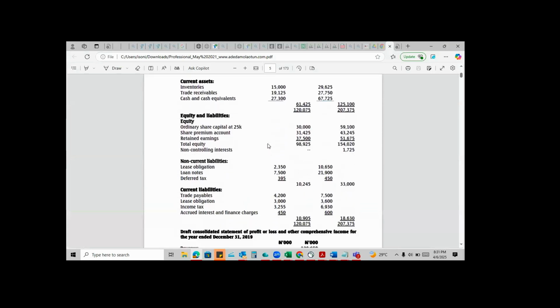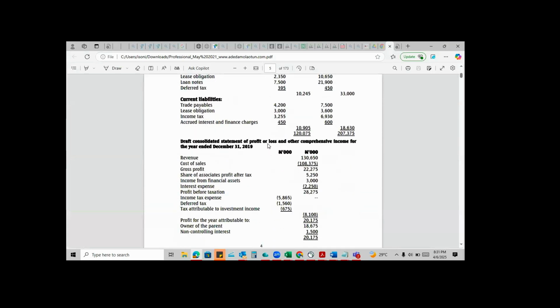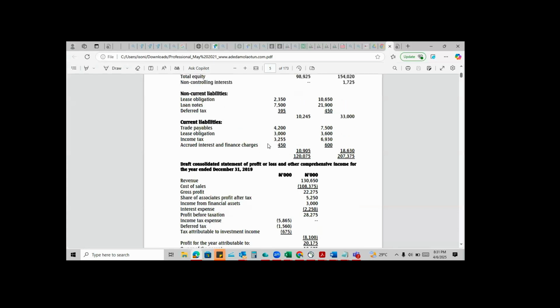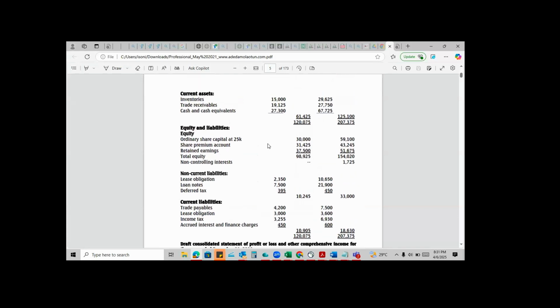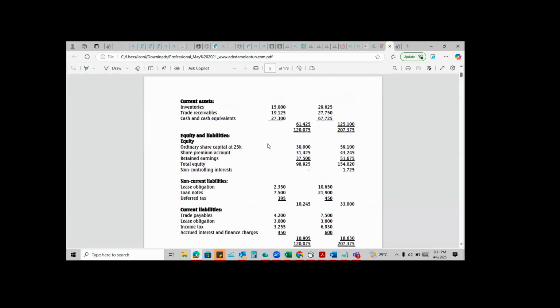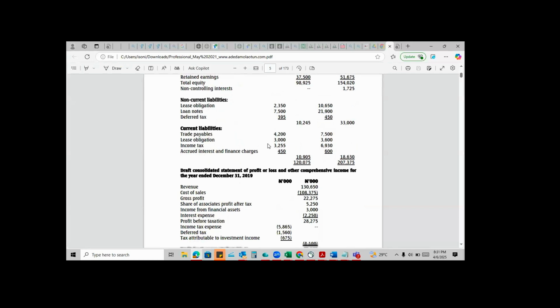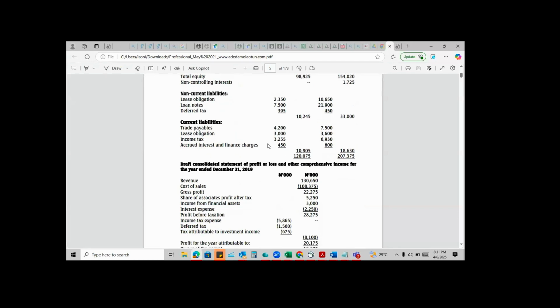But then we had income from financial assets. I'm not sure about this income that was spoken about here, but it's no problem.